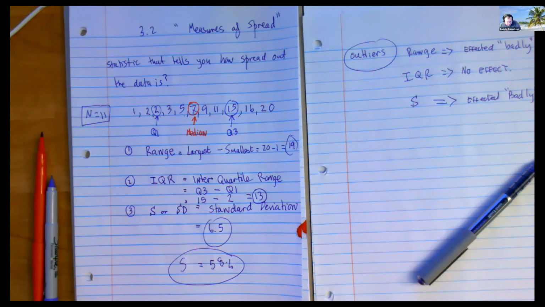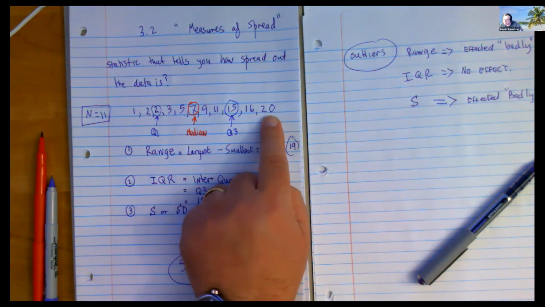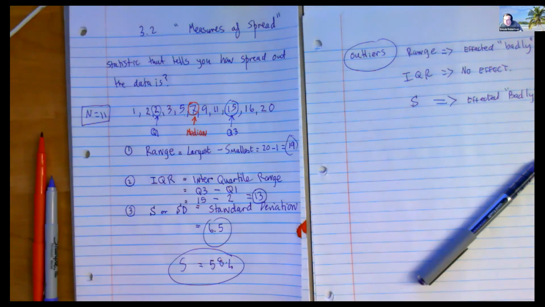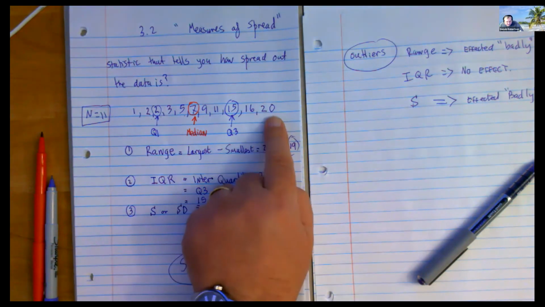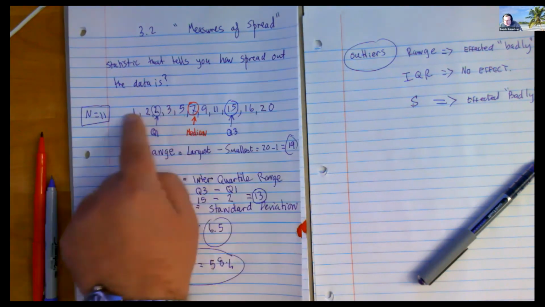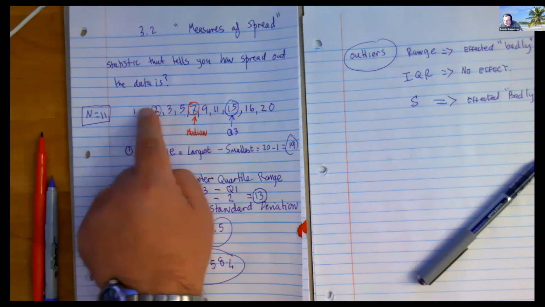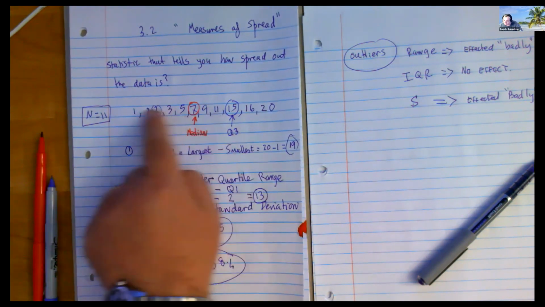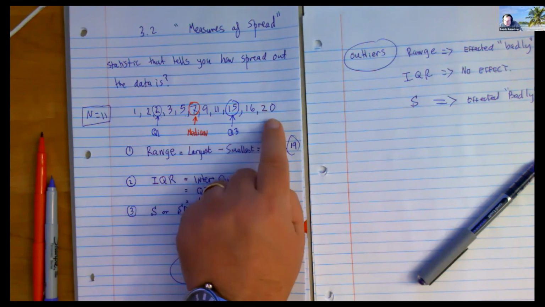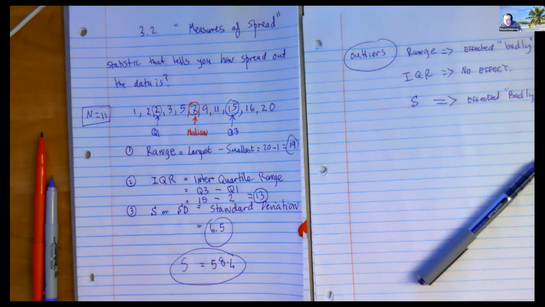Now, when I gave you my guess, it was truly a guess. It's very hard to judge, isn't it? The effect of one number on a standard deviation. If this data was bigger, so can you imagine there was 100 numbers in it instead of 11? That 200, that outlier, would have a less significant effect.